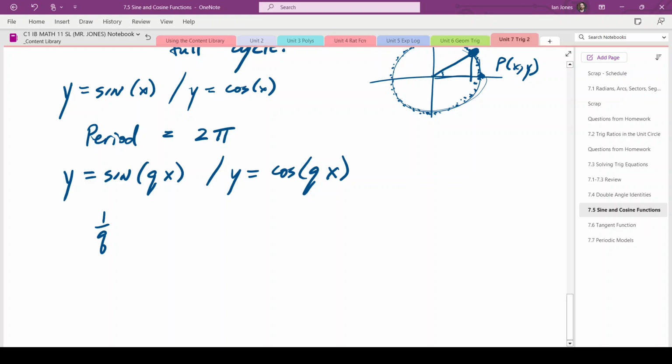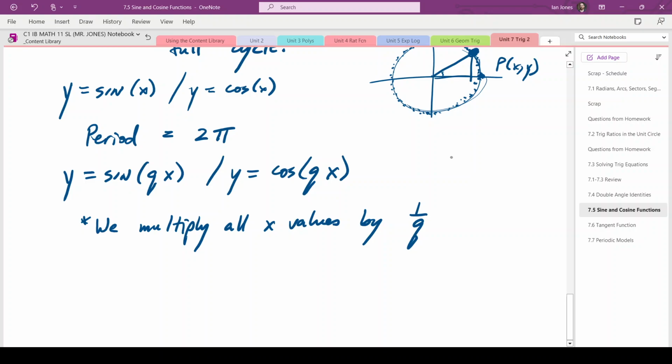So we multiply all x values by 1 over q. That's why when q is a half, for example, 1 over q becomes 2, and we multiply all the x values by 2, which is why we have a horizontal stretch, because all the x values are being multiplied by 2. They're getting bigger.